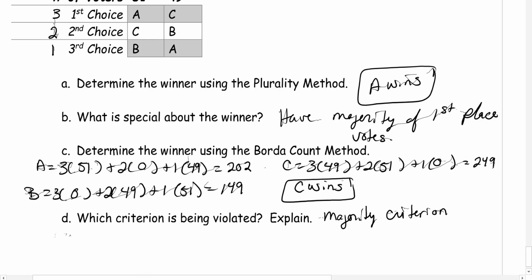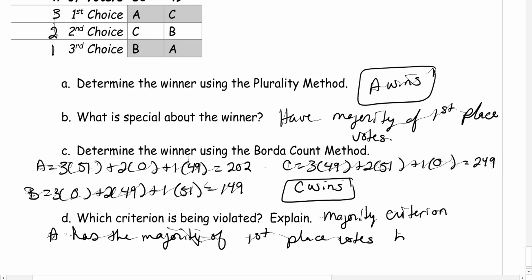And explaining that, candidate A has the majority of first place votes, but does not win using the Borda count method.